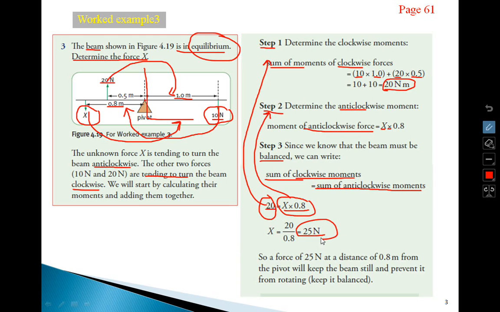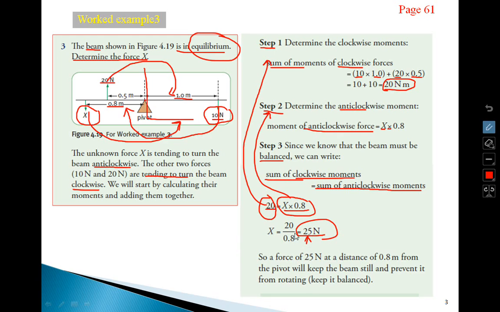If you would like to check whether your result is correct or not, when you substitute the value of X here, it must balance the beam. If the beam is not balanced, then the number you have got here is wrong.